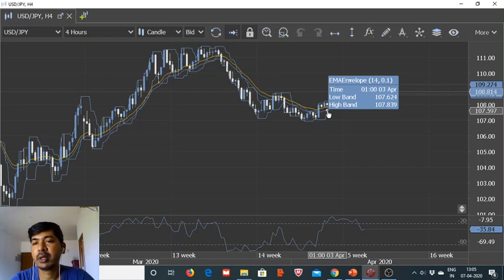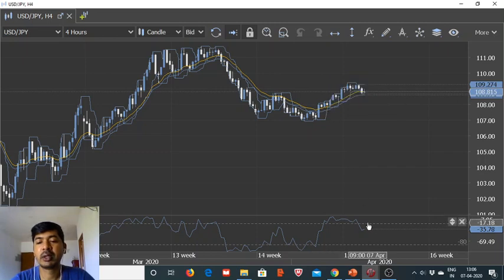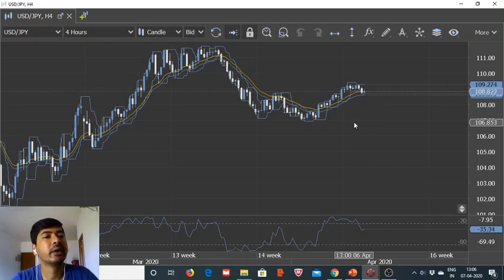And as you can see, there is this 20% gap here, and whatever be the day's ATR, we need to keep at least 50% of the average true range.